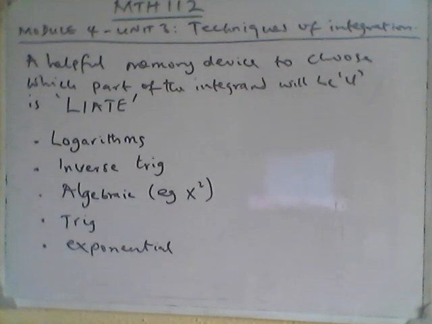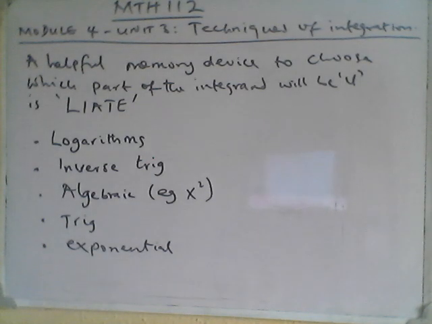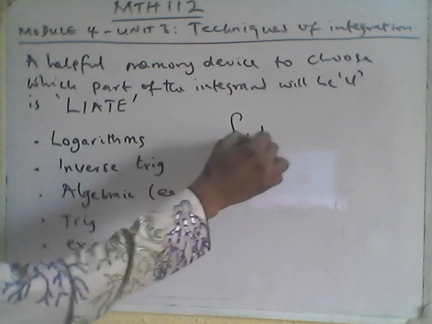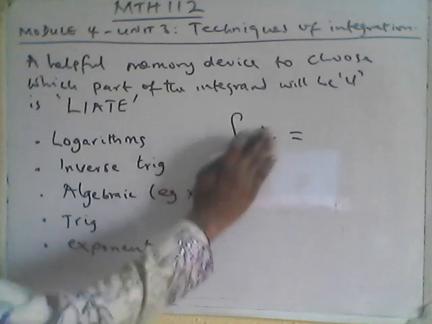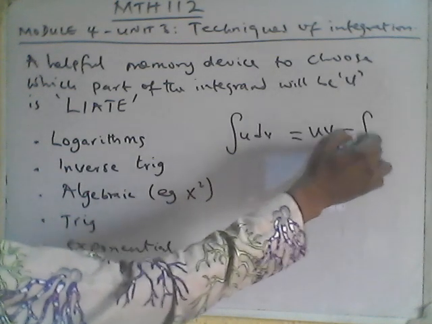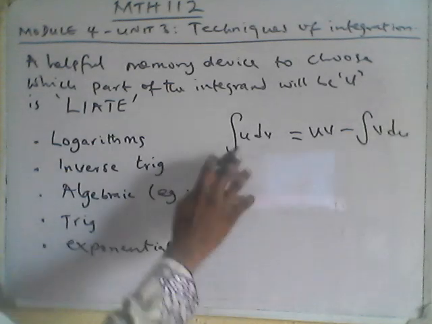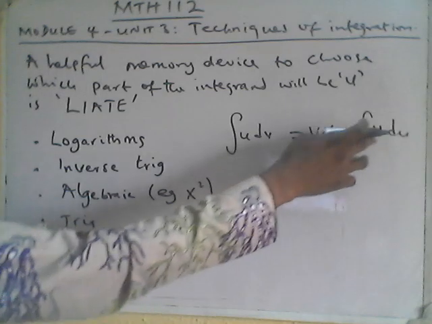So we have a helpful memory device, or mnemonic, to choose the part of the integrand that will be u. Recall that integration by parts says integral u dv is equal to uv minus integral v du.